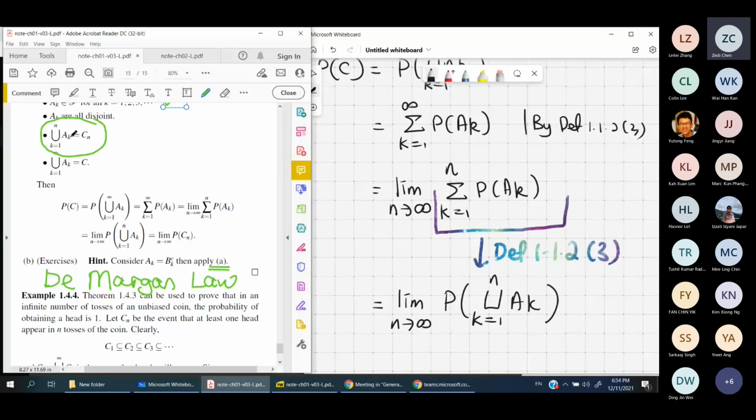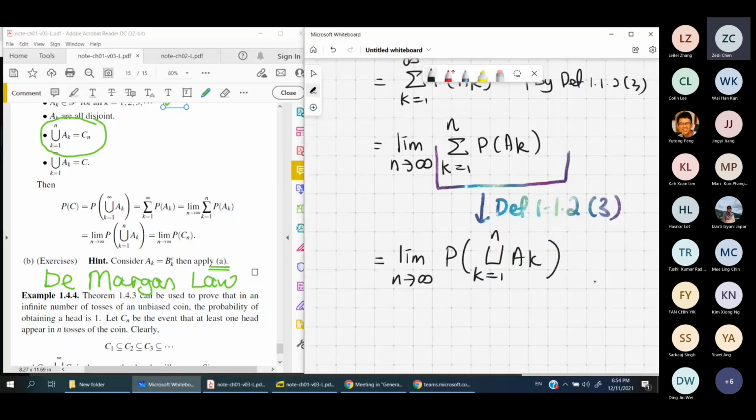If we take the union of all the AK from 1 to n, that actually ends up being our Cn. So then this will be equal to Cn. Okay, so I think that is the proof for part A of this theorem.